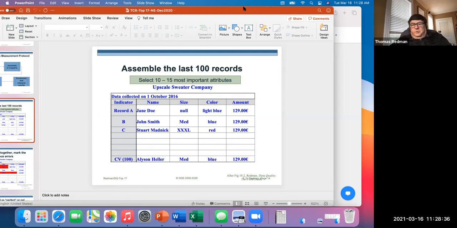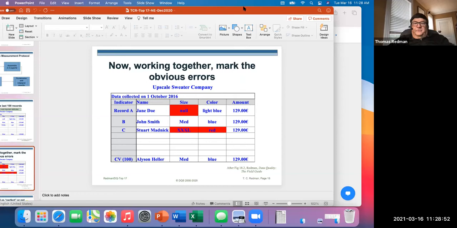She ordered a light blue sweater. Upscale Sweater Company is based in Ireland, so the price is in euros, and that one costs 129 bones. Here's the last 100 records, and everybody has a pen, and they go through and color in the things that are obvious errors. Obviously we can't sell a sweater with a null size on it.